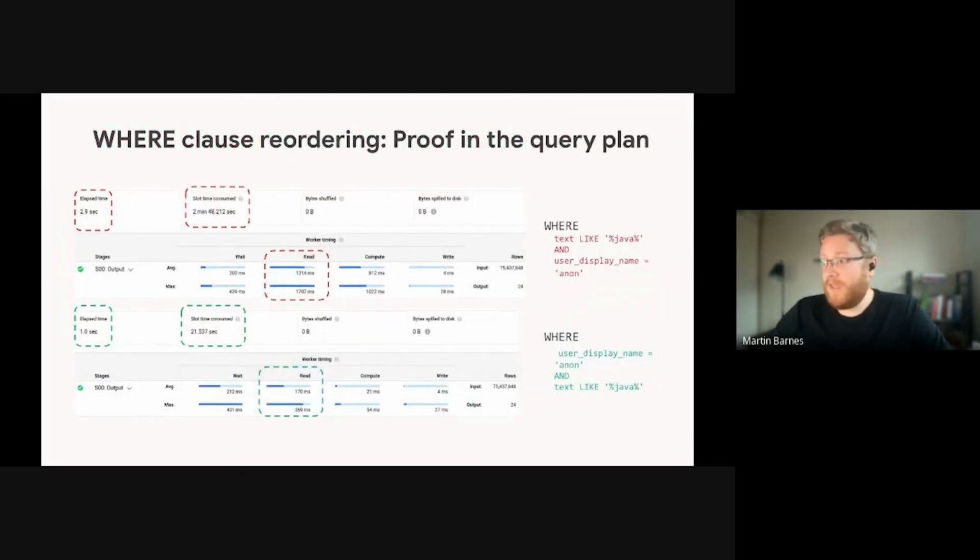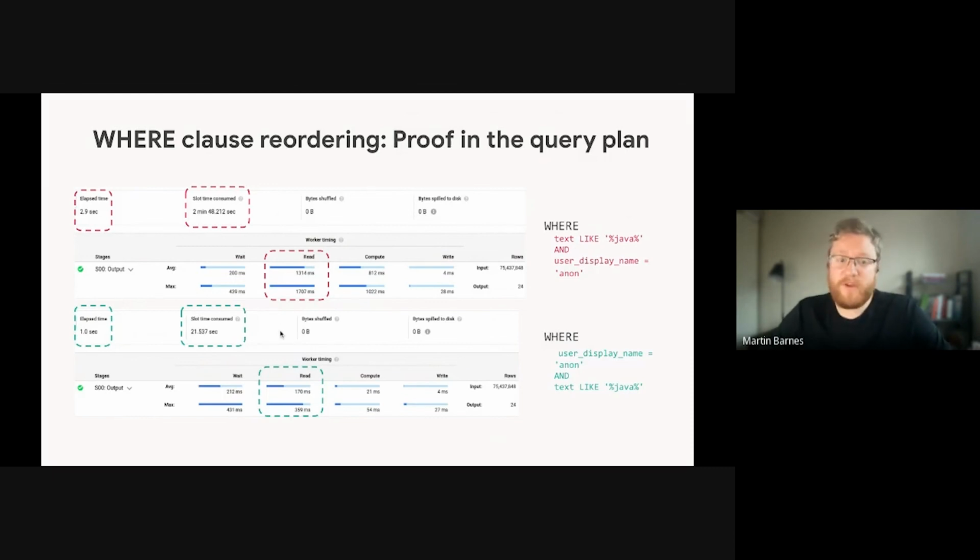You can see this in the query plan, which I think is great to see. The top example shows that the read phase within a query is much higher when you're filtering first on all elements that are like Java, whereas in the bottom example, you get a 4 or 5 times optimization by filtering as early as possible.